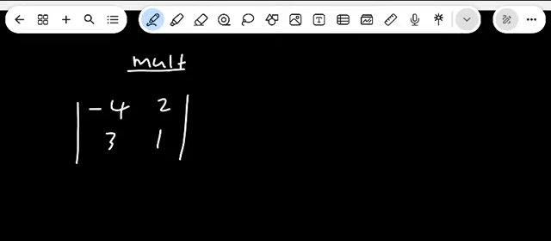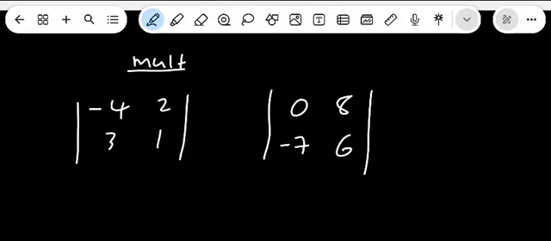All right, but now multiplying the matrices, it's important. Let's say we have minus 4, 2, 3, 1, and then here 0, 8, minus 7, 6.